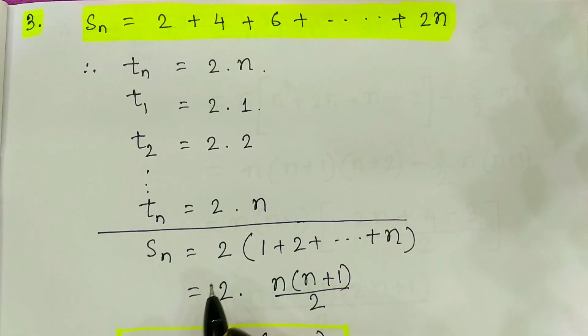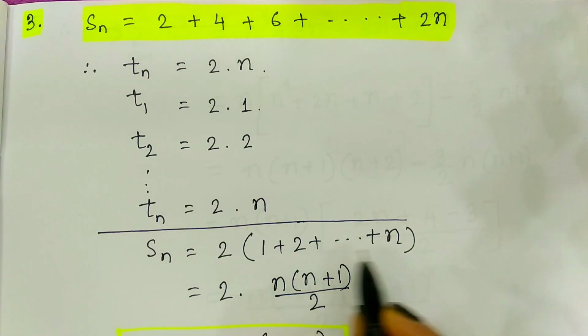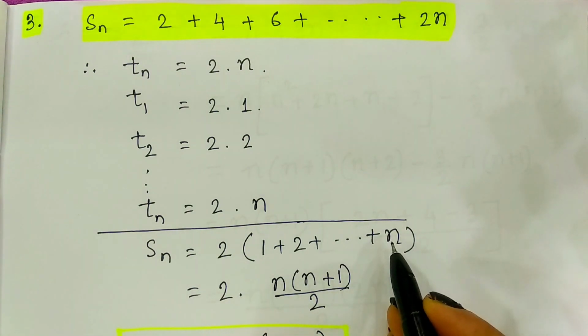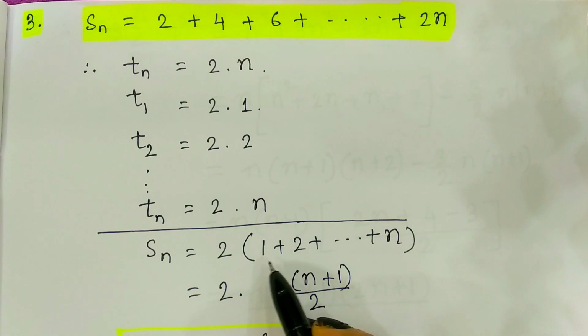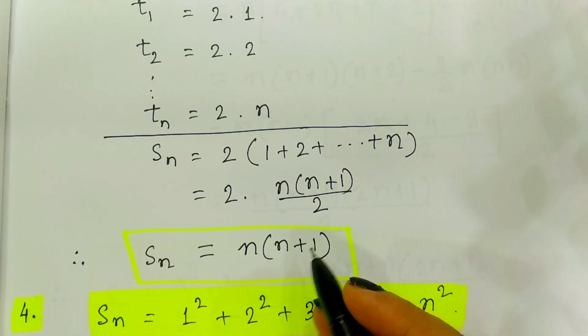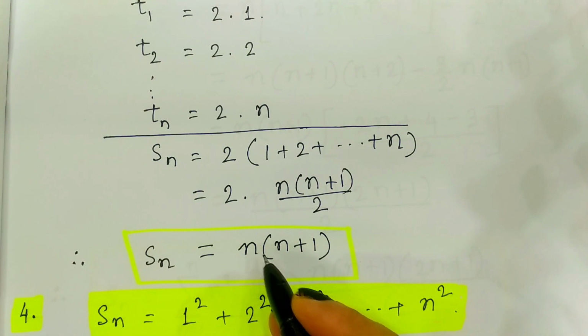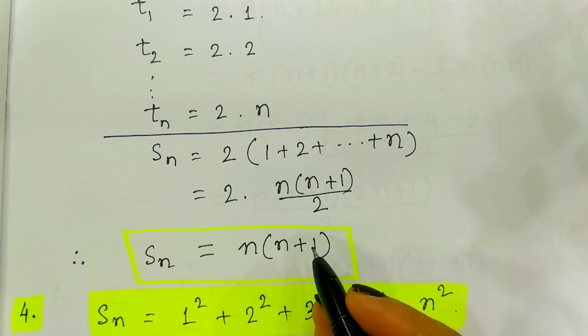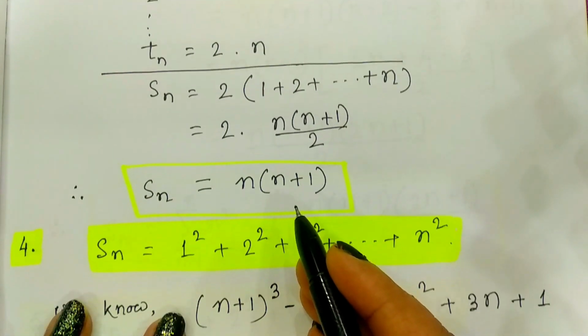If we add all this, then definitely it is our Sn. After adding and taking 2 common, we find 2 into 1 plus 2 plus 3 plus, in this way up to n. We know this value is n into n plus 1 by 2. Hence Sn is equal to n into n plus 1. Hence the result. This one also uses the standard result.